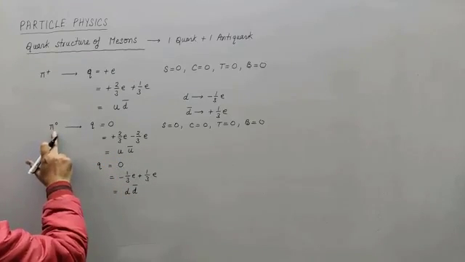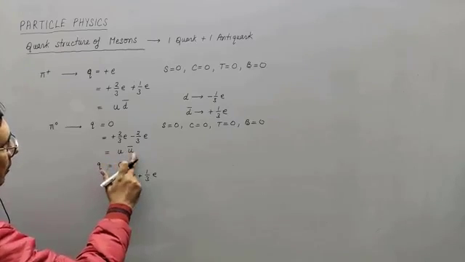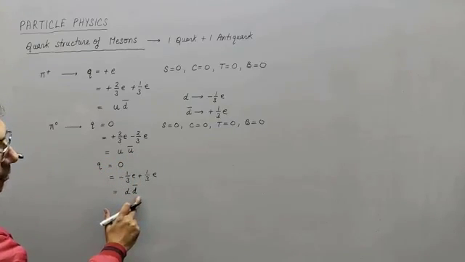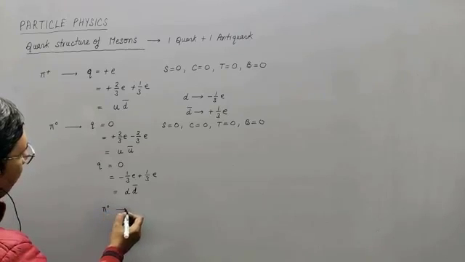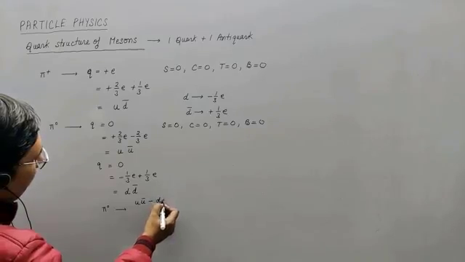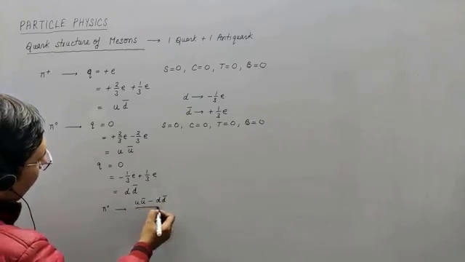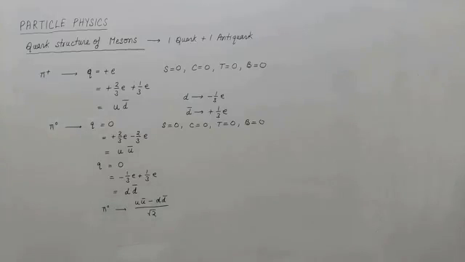Pi naught is made up of two wave functions, one corresponding to this, another corresponding to this. So this pi naught structure can be written as U U bar minus D D bar divided by square root of 2. So this is the internal structure of the pi naught.